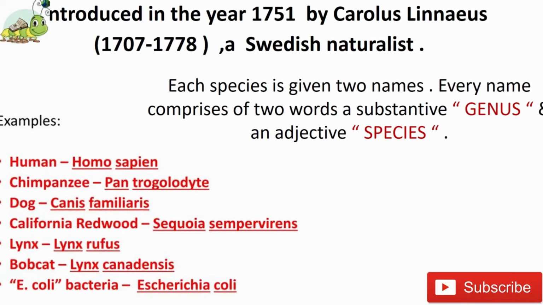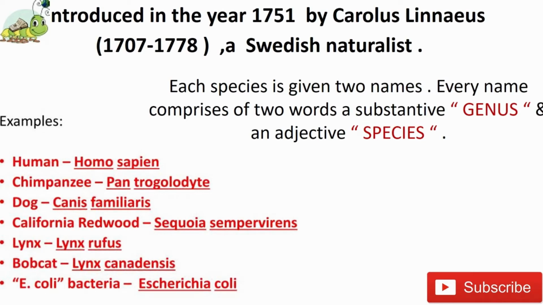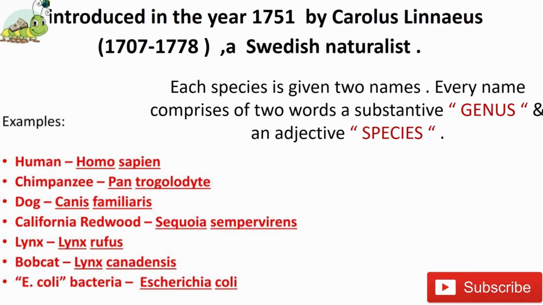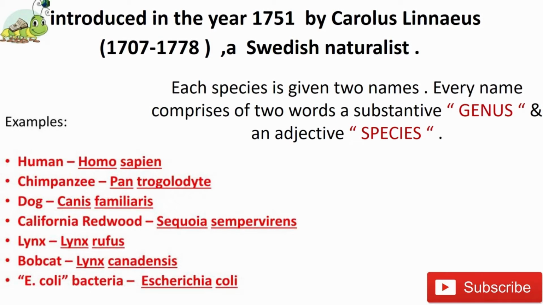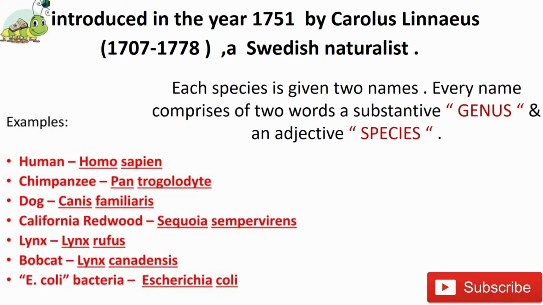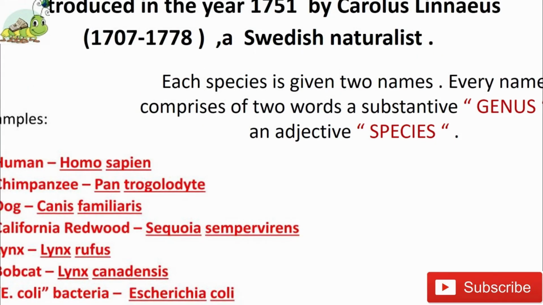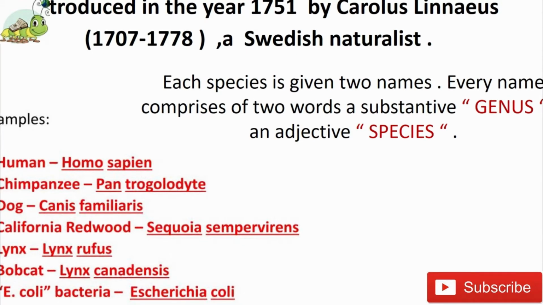Each species is given two names. Every name comprises two words, a substantive, that is genus, and an adjective, the species. Rules of nomenclature go on changing in different international conferences. A few common recommendations for nomenclature are: Number 1, the plants and animals should be given independent names.